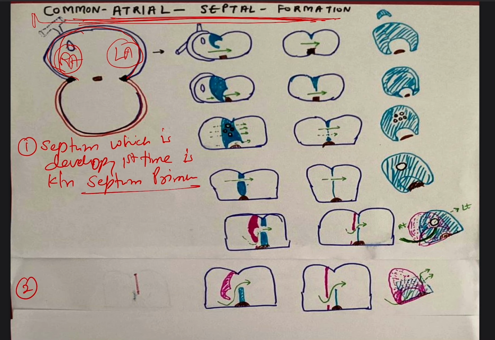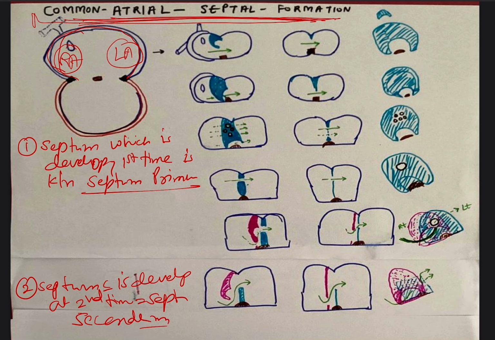While the septum which is developing at second time is known as septum secundum. Simple. What I told? The septum which is developing at the first time is known as septum primum, while the septum which is developing at the second time is known as septum secundum.